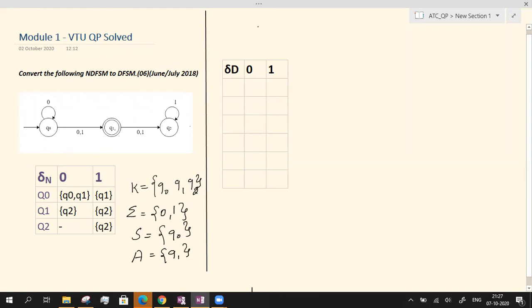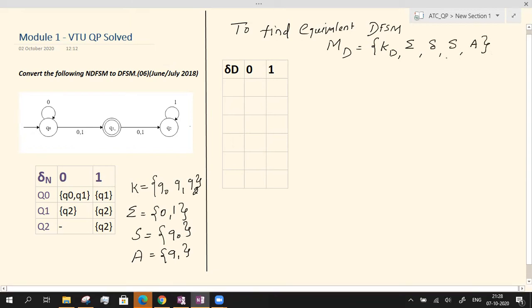So to find the equivalent DFSM, what are we supposed to do? Once again, we have to define or derive the 5 tuples from the NFSM. Suppose the DFSM is denoted by the letter D, we have to define what the states are, what the input alphabet is, what the transitions are for the DFSM, and which is the start state and which is the final state.